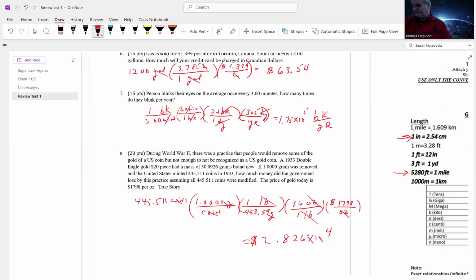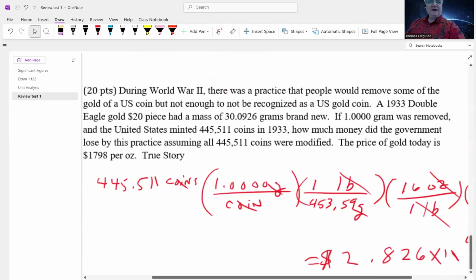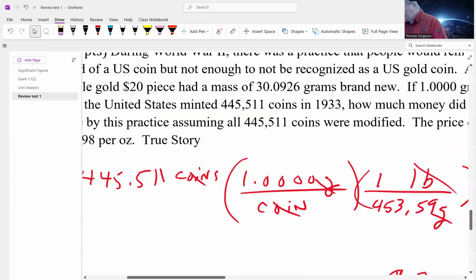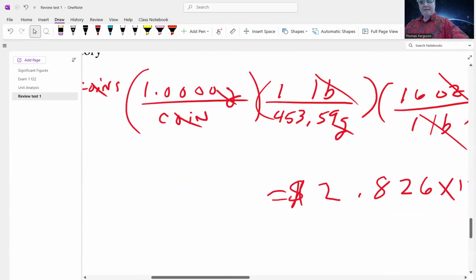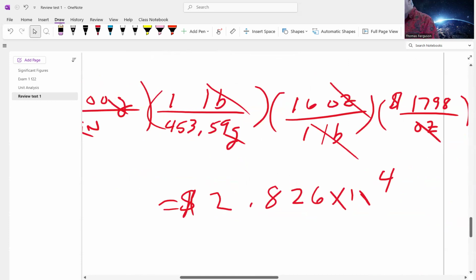Oh, yes, you're absolutely right. Instead of a comma, I put a decimal point. So that means we have to multiply. So it's going to be 7. Yeah. So $28 million, because gold is worth a lot. Right.